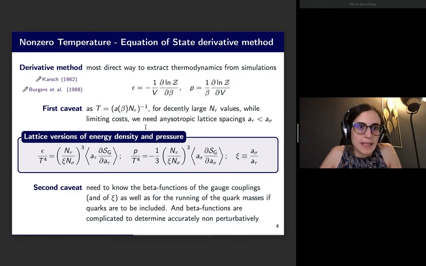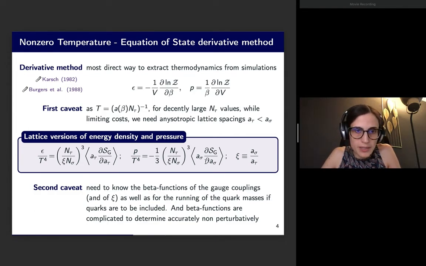Okay, and then with this definition for the energy density and pressure density in mind, what we have to do is we obtain the lattice versions of the density and pressure just by using their definition and the partition function as we know it in our specific case for QCD.